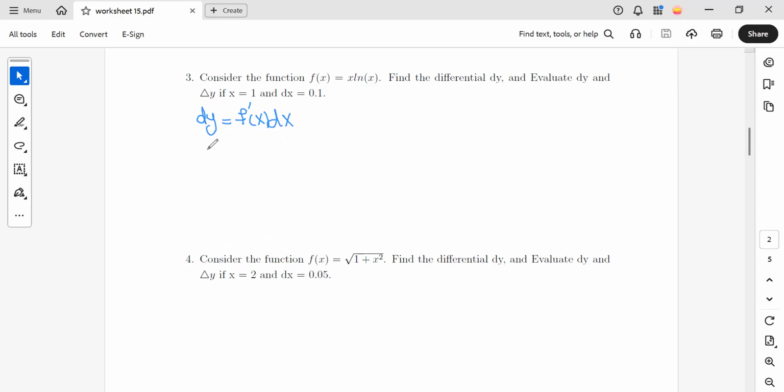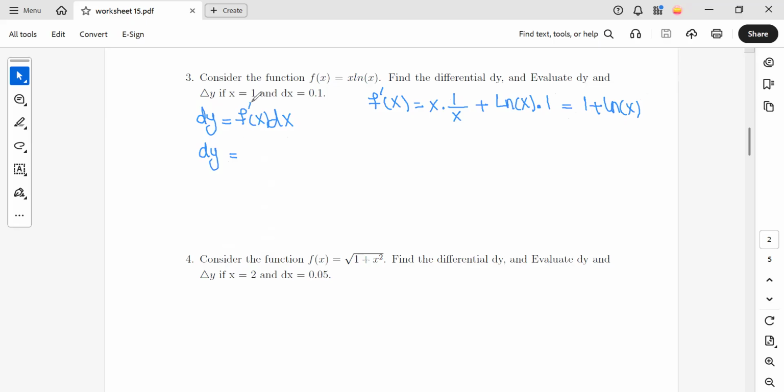Following this formula, we know that f of x is x ln of x, but what is f prime of x? Following the product rule, we would say copy the first one, derivative of the second one, plus copy the second one, derivative of the first one. And after simplification, we would have 1 plus ln of x.